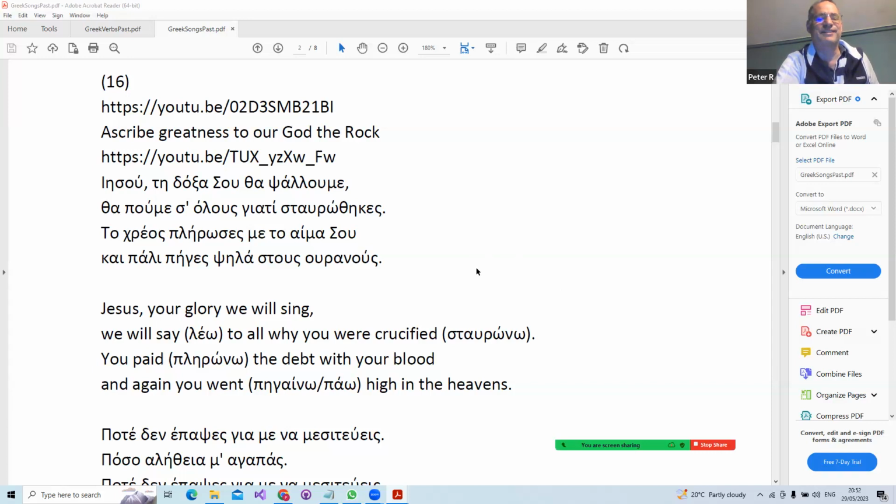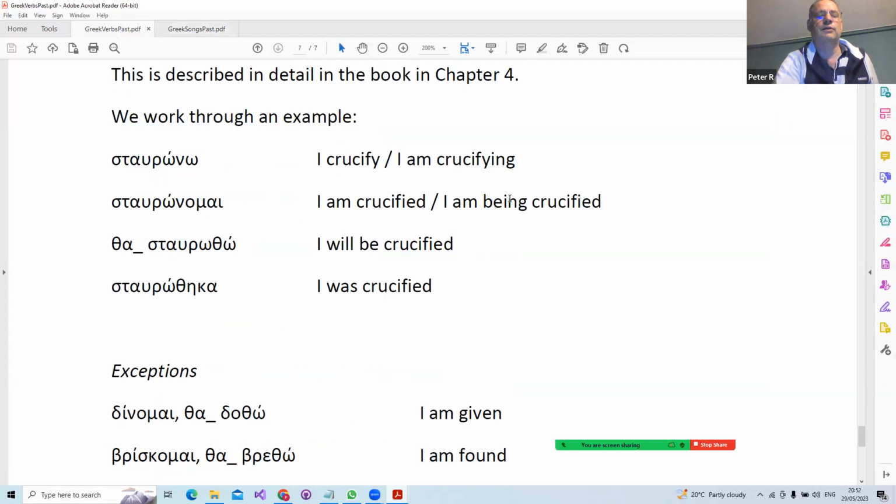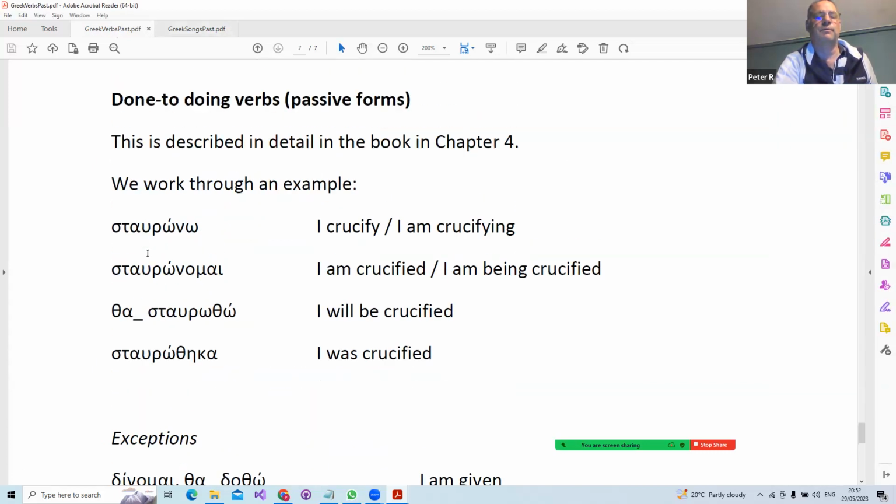So again, many memories. Okay, so we've got Poume again, which was from Leo. So this is we will say, Poume. So that one there. We've got this Stavrothikes, which I was trying to jump into before and had to hold back. So here we go. Here's our example. So Stavros, we know, is cross.